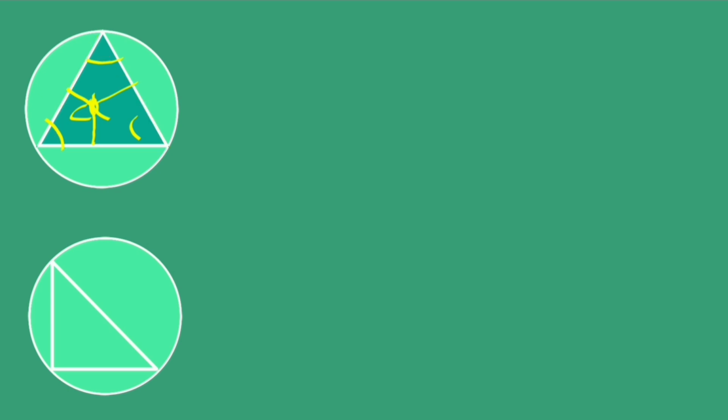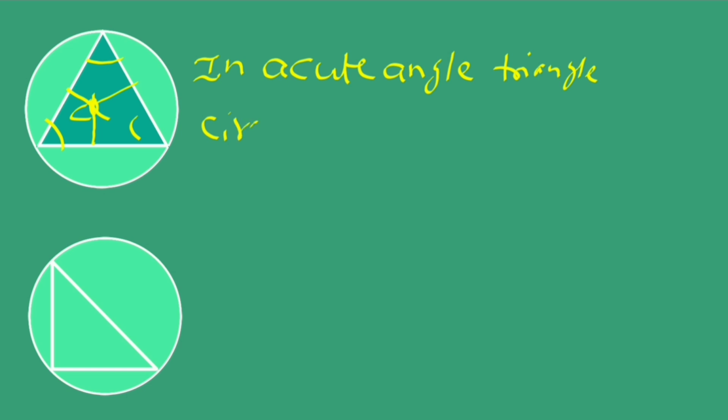So write this in statements. In an acute angle triangle, the circumcenter lies inside the triangle.